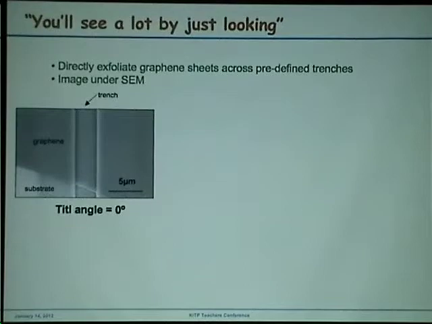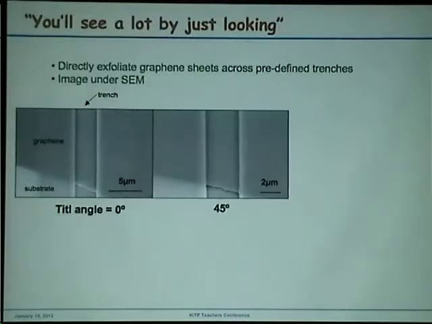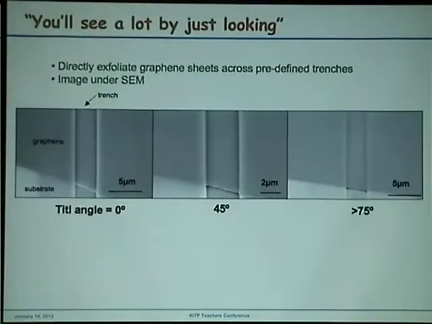These are the trenches. This substrate is a little brighter. So it's graphene covering most of the image here. You look straight downward, and it's just a normal piece of graphene. You tilt it to 45 degrees, looking partially at the edge, and it's still a really normal piece of graphene. But then you tilt it to a very high angle, and you start to see these fringes forming.